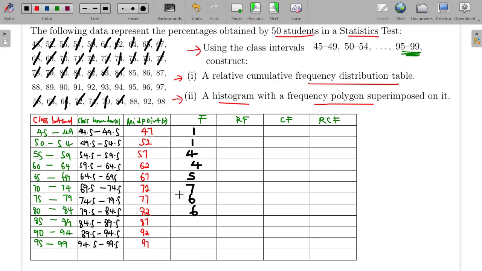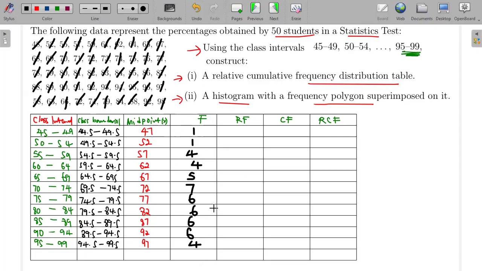And then 85 and 89, I have 1, 2, 3, 4, 5, 6. So I also get 6. 90 and 94, I get 1, 2, 3, 4, 5, 6. I also get 6 there. And then 95 to 99, I get 1, 2, 3, 4. So I get 4. Okay, so this is my frequency.